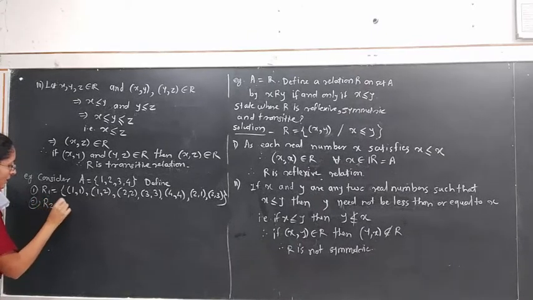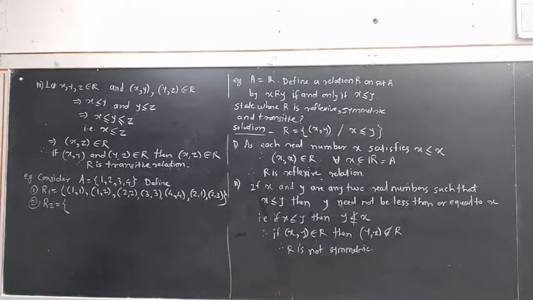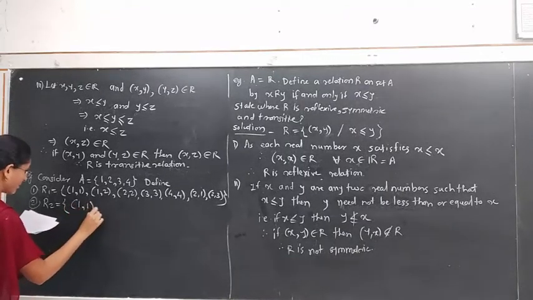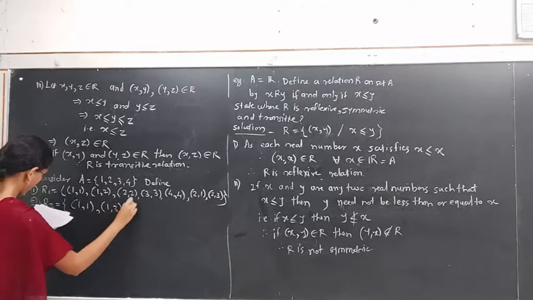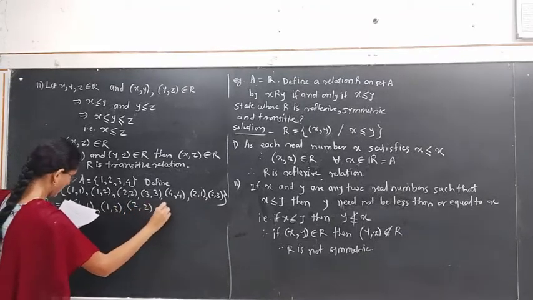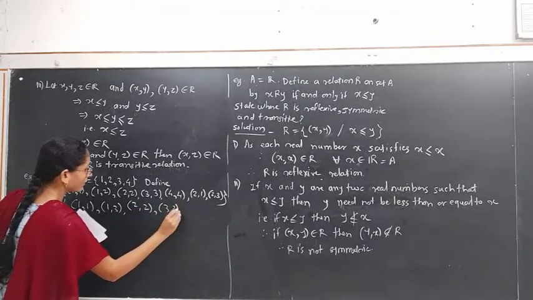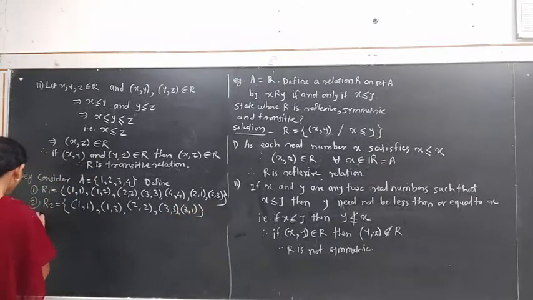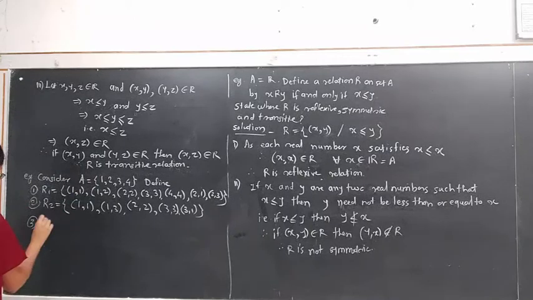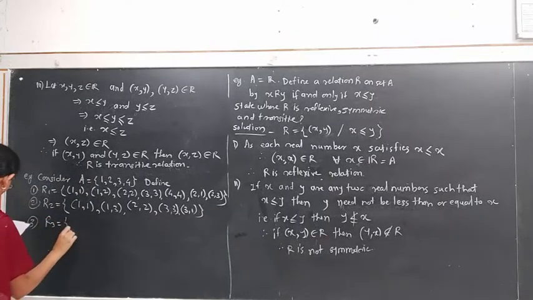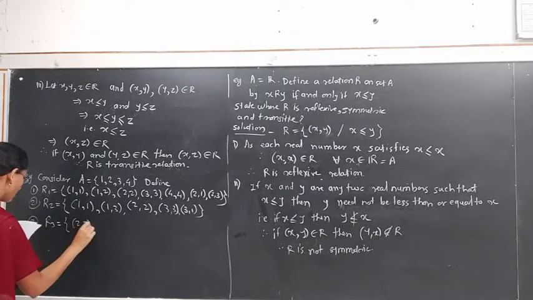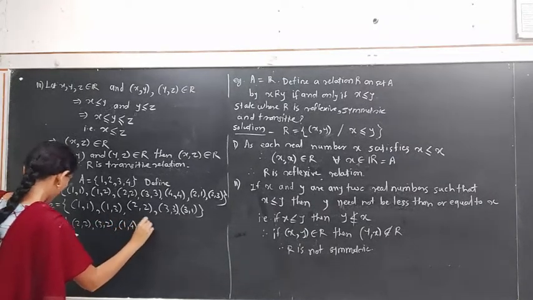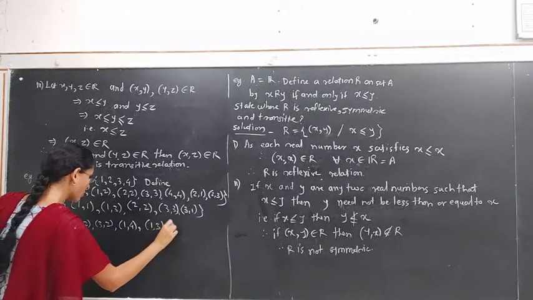We consider second relation as R2 is equal to {(1,1), (1,3), (2,2), (3,3), (3,1)}. Third is R3 is equal to {(2,2), (3,2), (1,4), (1,3), (4,3)}.